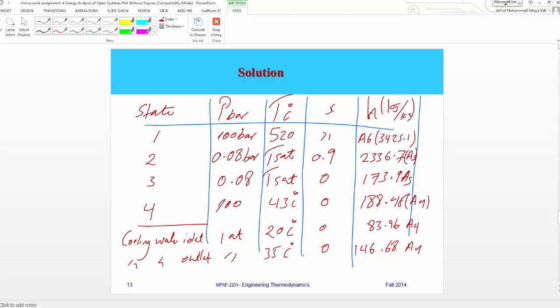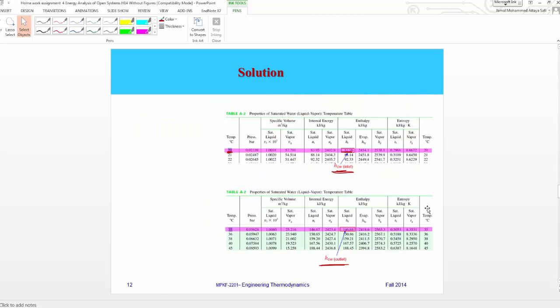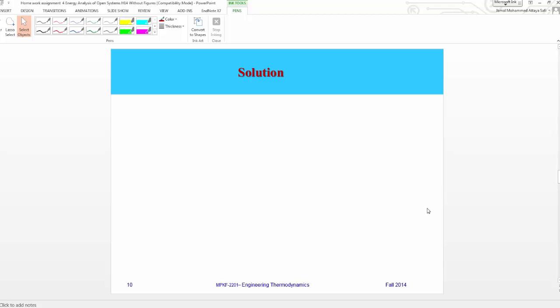Now, if you have this, you can go to solving. I can take it here and see. Now, the mass flow rate, we know this.